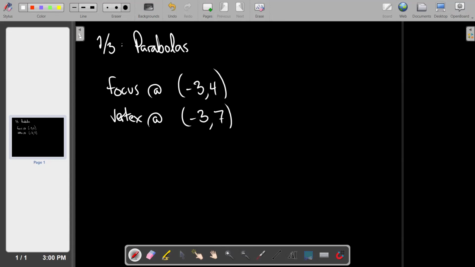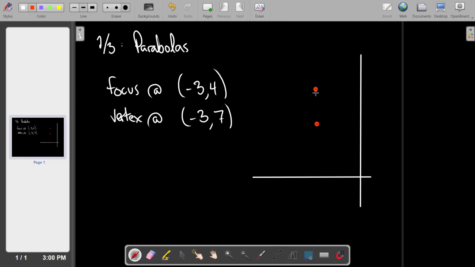I said this the other day, what keeps me sane is just making sketches. So -3, 4 is maybe right about here, and this is just sandbox, it doesn't have to be perfect. And then -3, 7 is right about here.